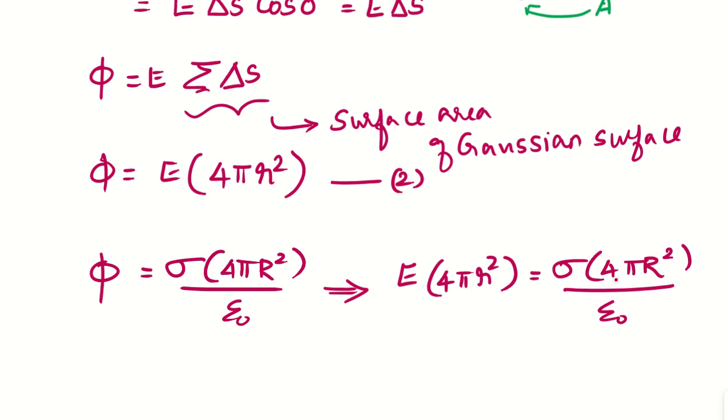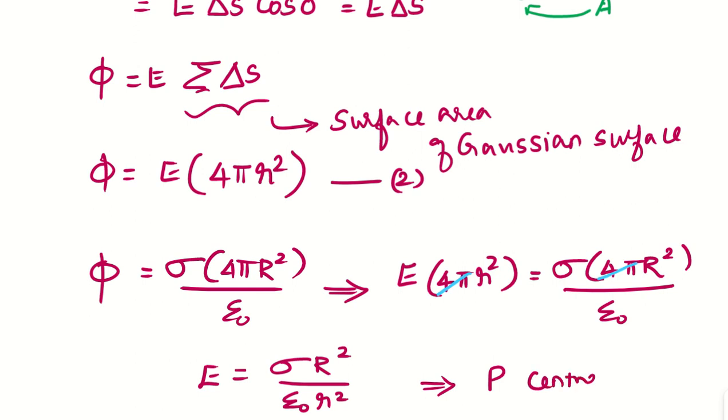From here, the 4 pi and 4 pi get cancelled. You will write E as sigma R squared divided by epsilon naught r squared. So this is the electric field at point P, r distance from the center.